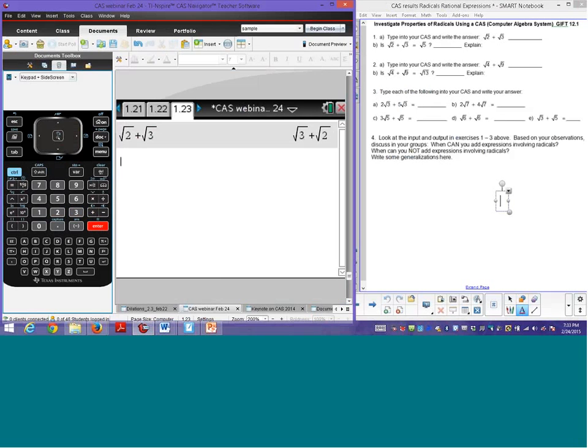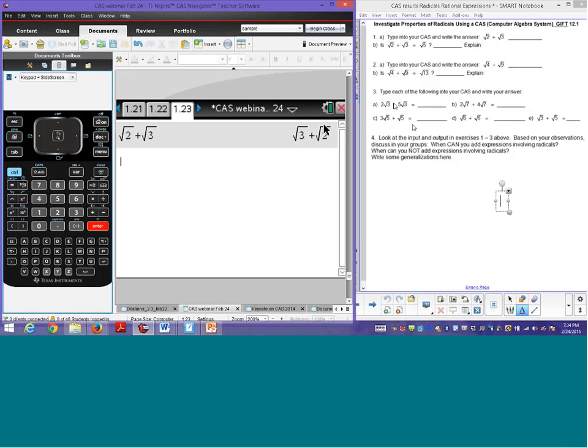And got this for an answer, wrote it down. And B says, is radical 2 plus radical 3 equal 5? And they didn't write just no. They wrote no, like it didn't say it was. So I attacked that problem right away, and they could see it would have said it if it was radical 5. And so we'll go ahead and do radical 4 plus radical 9. They'll type that in, see that the answer is 5, and say, is it radical 13? And again, the answer is no, because it would have said that if it did that, okay?